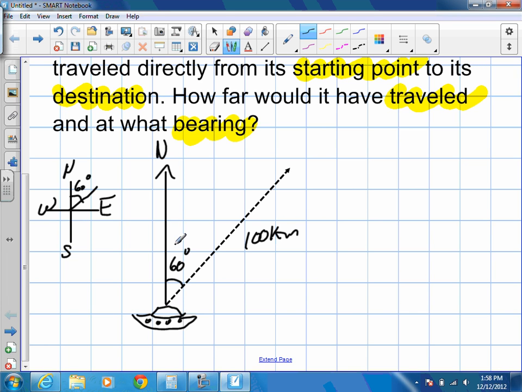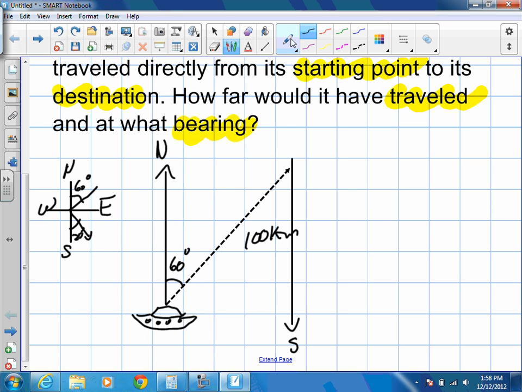From there, it turns and starts to travel south 20 degrees east. Well, I still need a reference point from here. I want that a solid line. South is directly the opposite way of north, okay? And when they say south 20 degrees east, well, they mean 20 degrees east of south, okay?